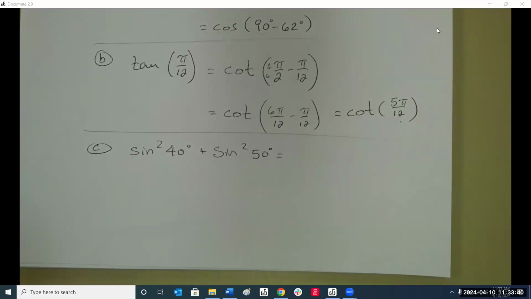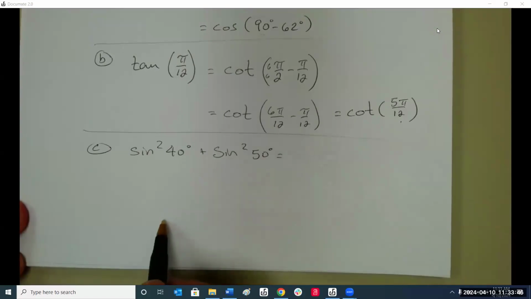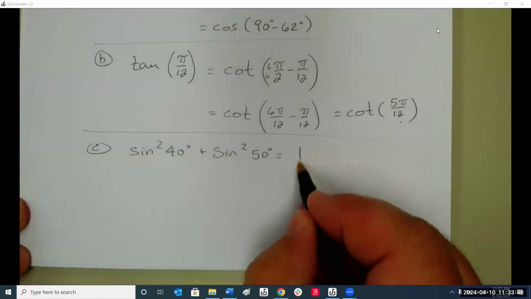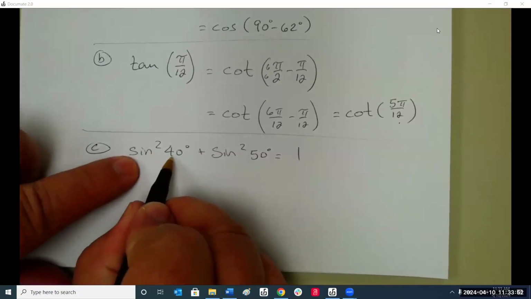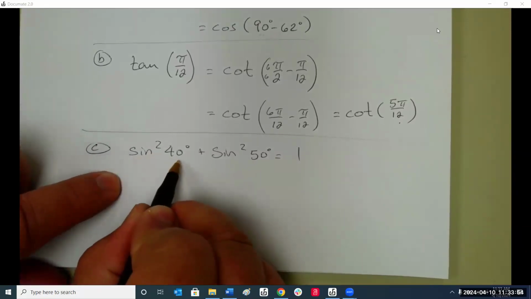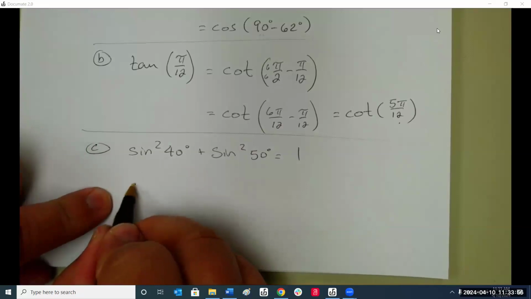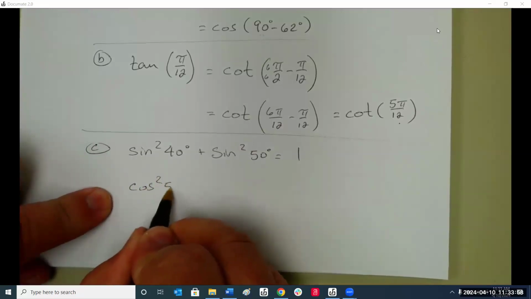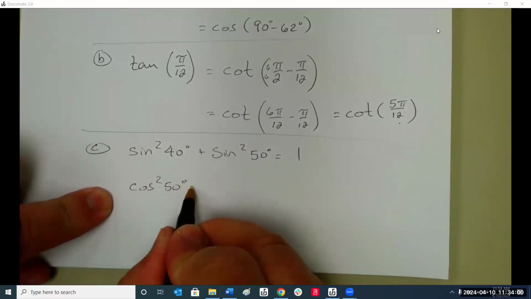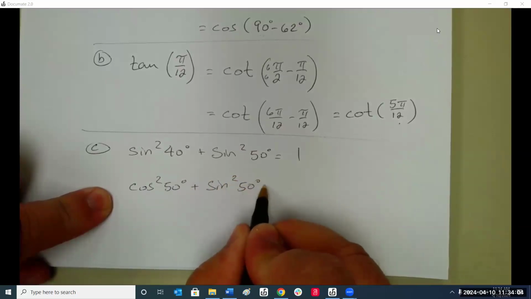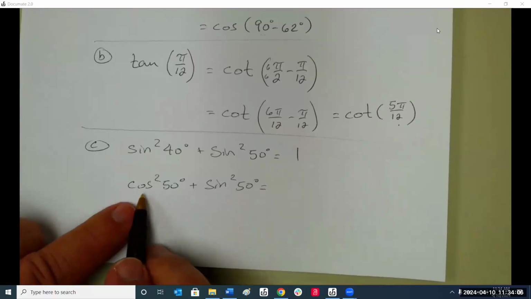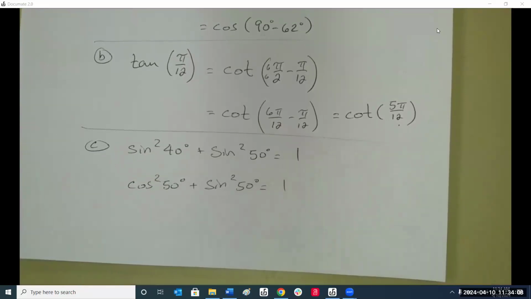Cos squared. Right. Are they the same angles? Because we're going to look at this two ways. It's going to equal 1, because the cofunction of sine squared of 40 is what? I could leave those together, so cosine squared plus sine squared equals 1.